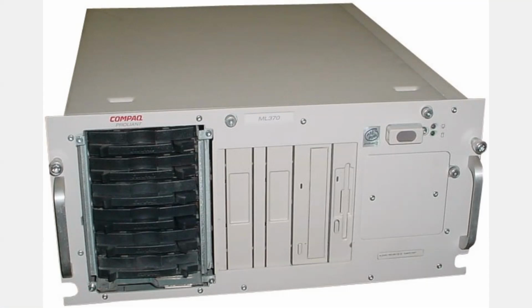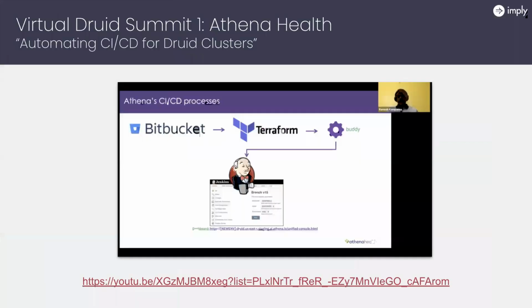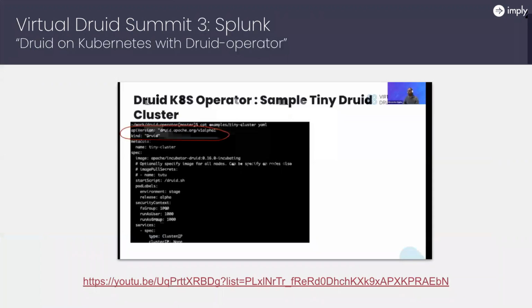Will they use GKE, for example, or will they do something homegrown? So, for example, Athena Health at Virtual Druid Summit 1 gave a talk on how they use Terraform to create this infrastructure. Splunk have developed the Druid operator on Kubernetes. Lots of great conversations about that in the channels at the moment. Great piece of technology. Do go and have a look at that video.